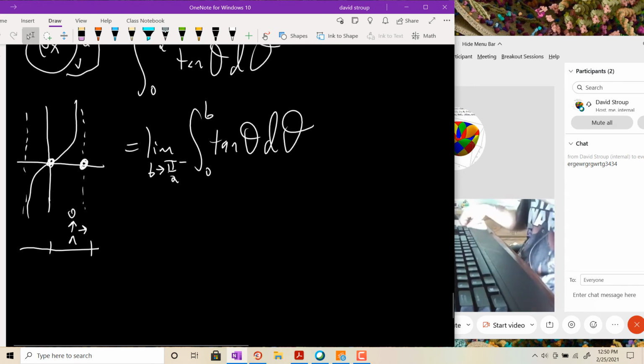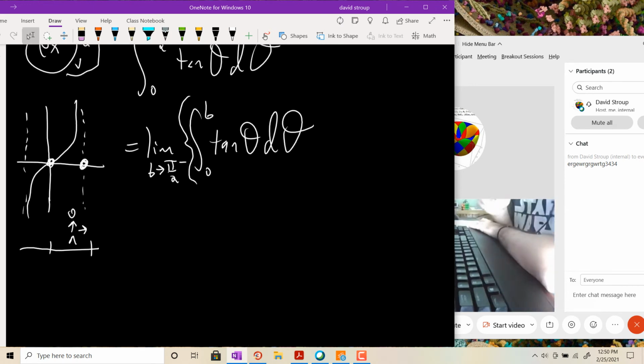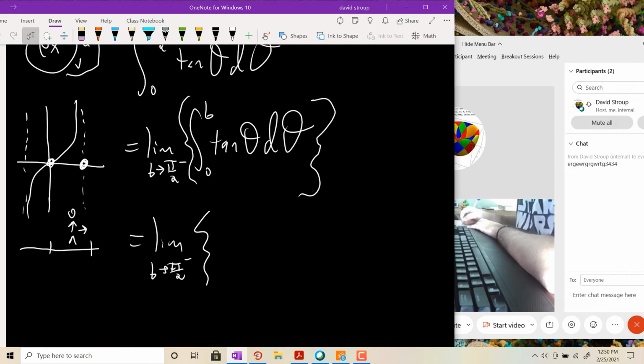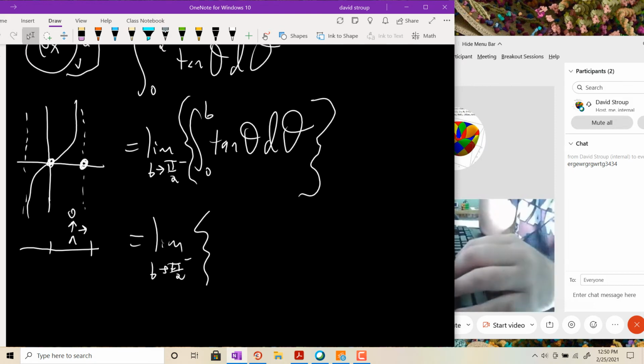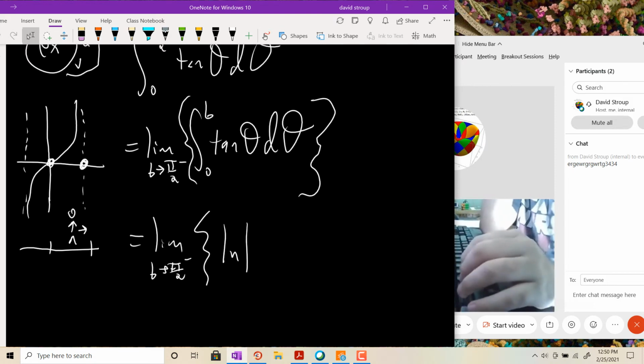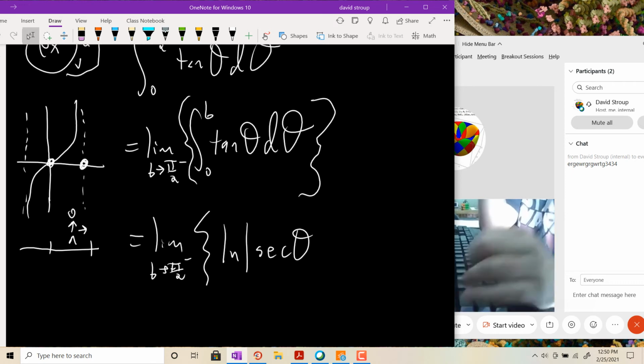Anyways, we just have to evaluate this integral. I'll have the limit as b goes to pi over 2 from the negative direction of the integral of tan, which is negative ln cosine, or if you'd rather, ln secant. I'd rather ln secant.